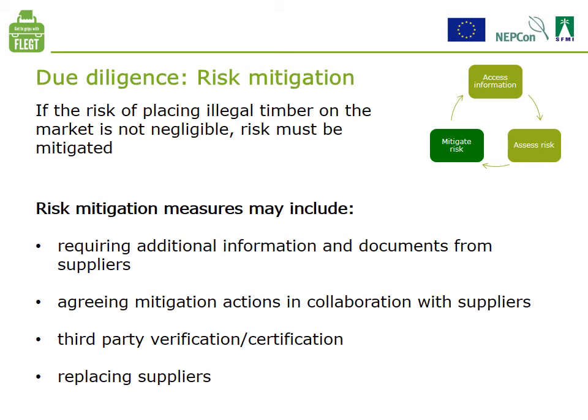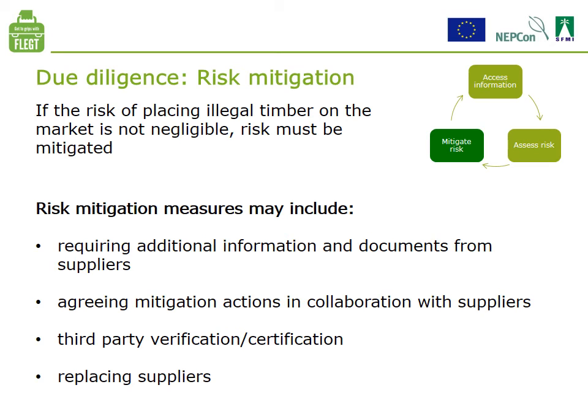If the risk of placing illegal timber on the market is not negligible, measures must be taken to mitigate the risk that has been identified. Risk mitigation procedures consist of a set of measures and procedures that are adequate and proportionate to effectively minimize risk.